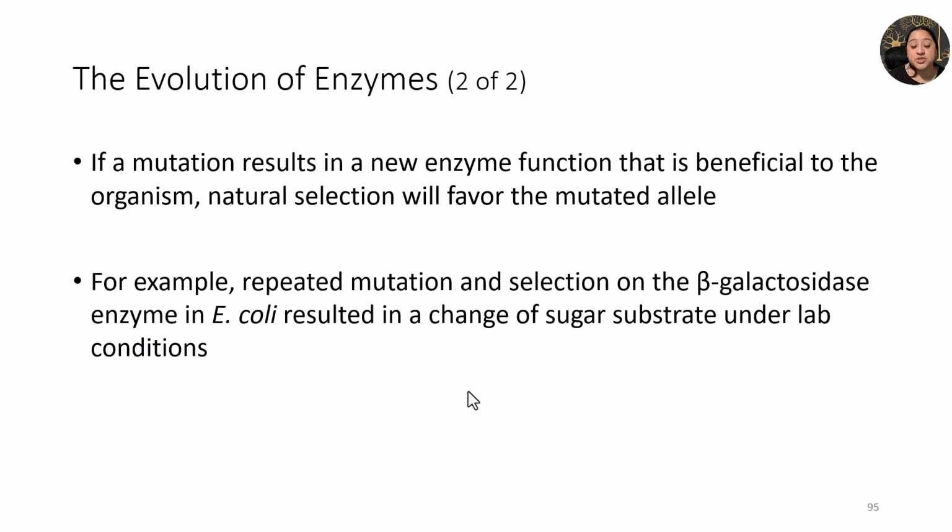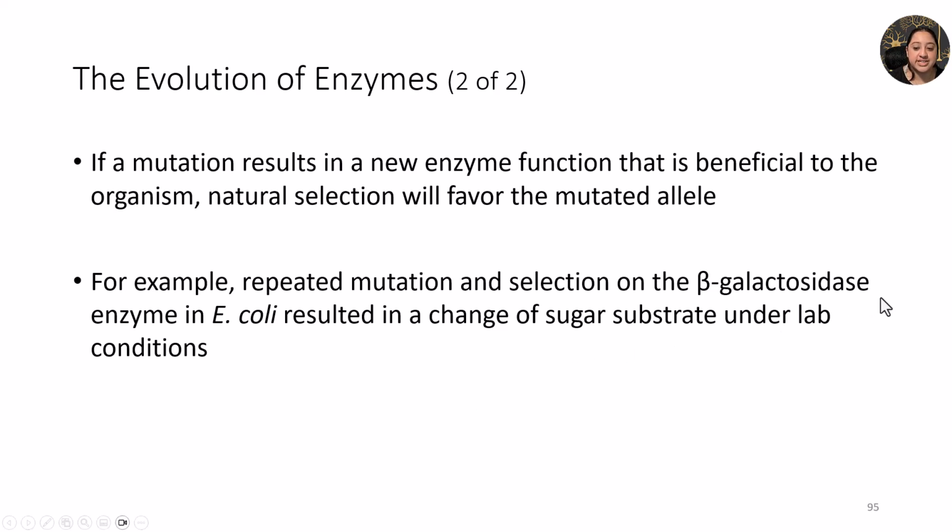And if a mutation results in a new enzyme function that happens to be beneficial to the organism, then natural selection will favor that mutated allele. So for example, repeated mutation and selection on the beta-galactosidase enzyme in E. coli resulted in a change of the sugar substrate that this enzyme worked on.